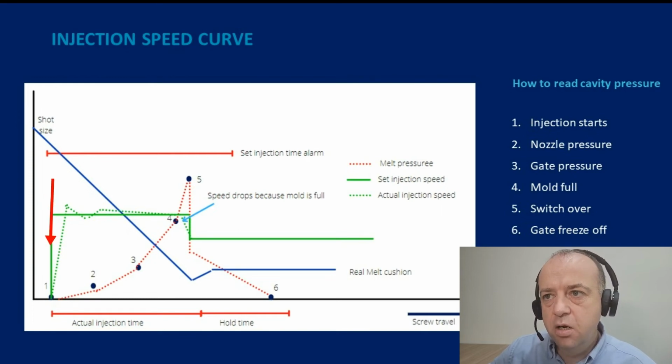What the machine actually does is ramp up to that speed, and it may overshoot that speed, then it'll reduce and try to find that set speed. The machine response is a little bit lagging, and depends again if it's an electric machine or a hydraulic machine. But you generally get the machine bouncing here and trying to stay at that set speed.